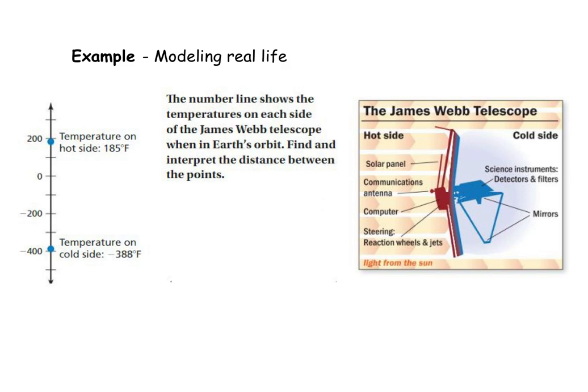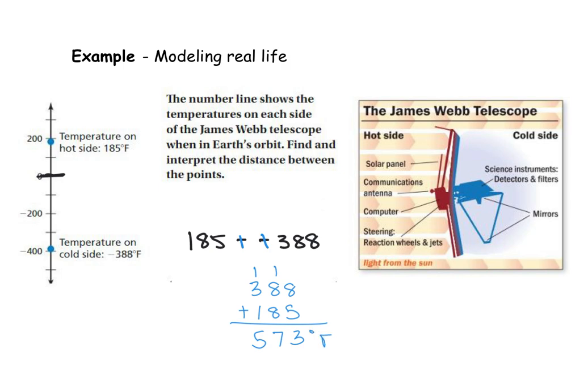So we know that when we have numbers on opposite sides of 0, we're going to take 185, we're going to take away negative 388, and that tells us to chop chop. So we really just add 388 plus 185. And we get 573 degrees Fahrenheit as the difference in temperature, or the distance between those points.